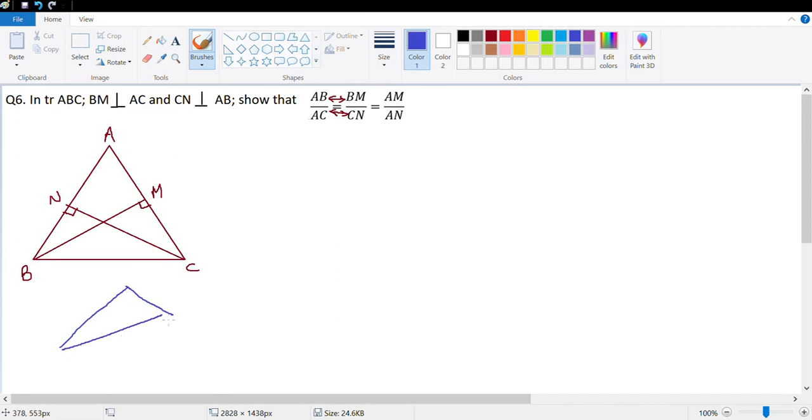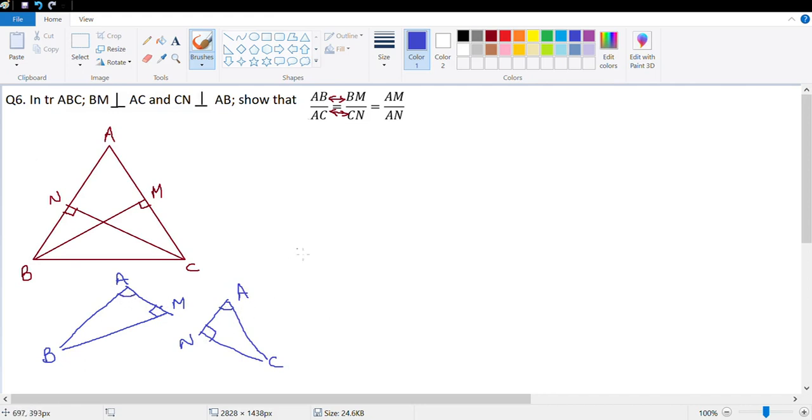So this is A, this is M, and this is B. So ABM, and the next one is ACN, which is this triangle here. This is A, this is C, and this is N. So in this case, I notice that angle M and angle N are equal. They are 90 degrees. And I notice it's the same common angle, angle A.